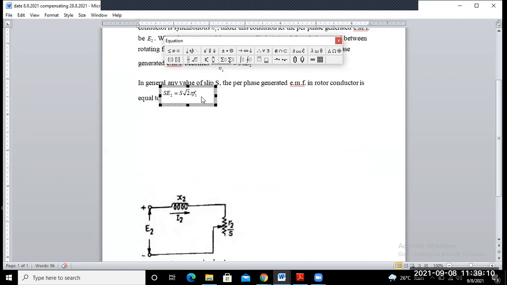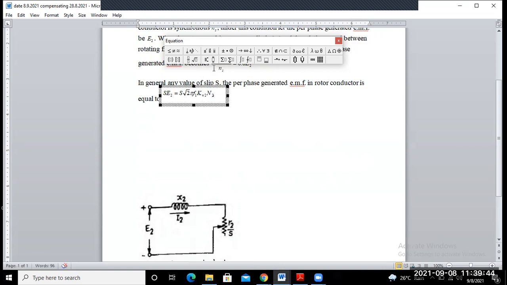So that is represented by KW2, the winding factor of the rotor coil, into N2, the number of turns of the rotor coil, into phi, the average value of flux per pole.